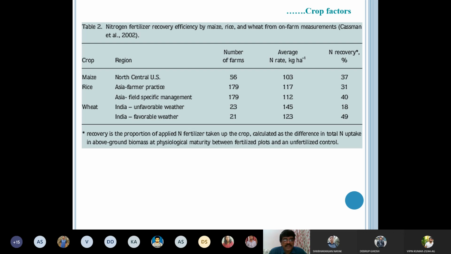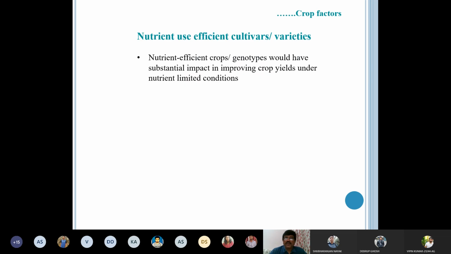And in wheat, it is 18% under unfavorable weather. If you have favorable weather, then wheat can give you 49%. So here you can see that the use efficiency of wheat is more than rice. So definitely it will vary with the varieties, also the kind of cultivars we are using. The nutrient use efficiency will be affected by that.